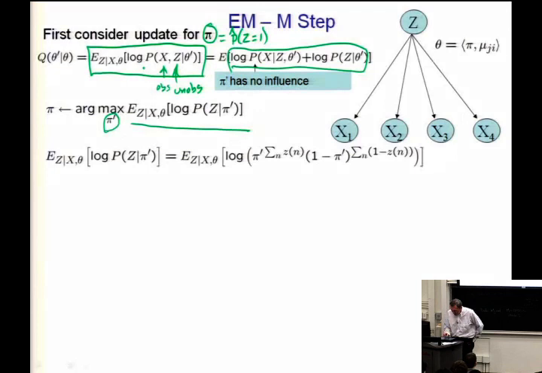And now notice pi, which I'm trying to optimize here, trying to take the argmax with respect to pi, doesn't actually influence this first term. Pi is just the probability that z equals 1, so it only influences this second term.